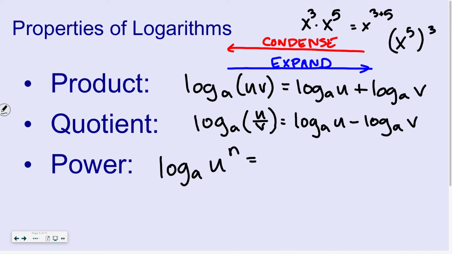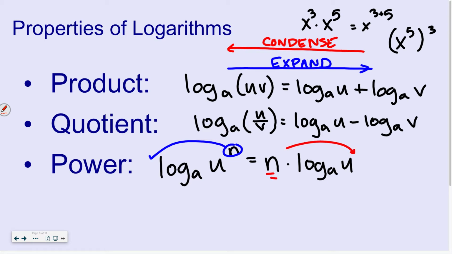One of our exponents is n, and the other exponent is the log, because the log is just an exponent. So we're going to take n times log base A of u. You maybe were taught to think about it like, take your n and drop it in front and multiply. If you're condensing, then you'll take this n and put it back on the u.